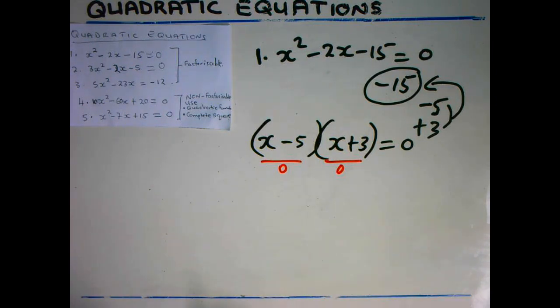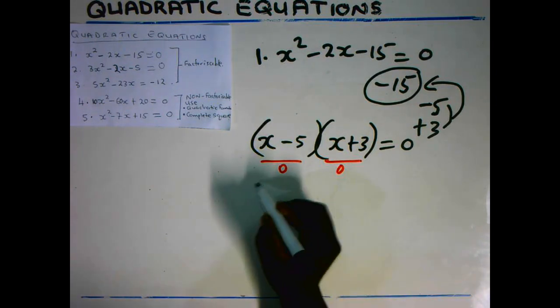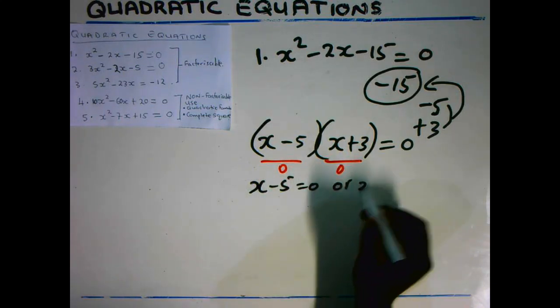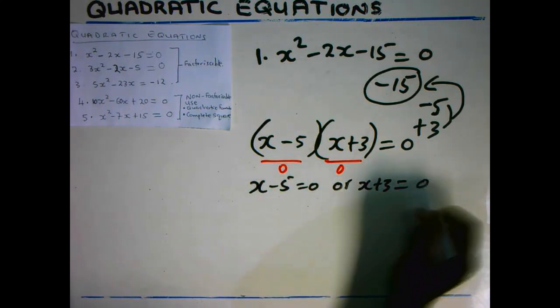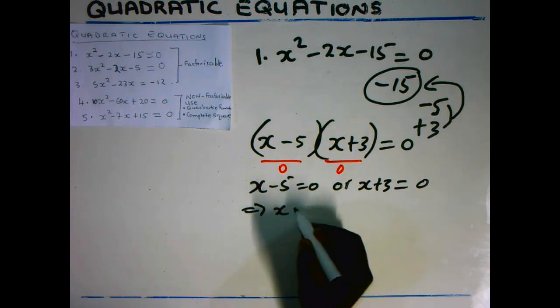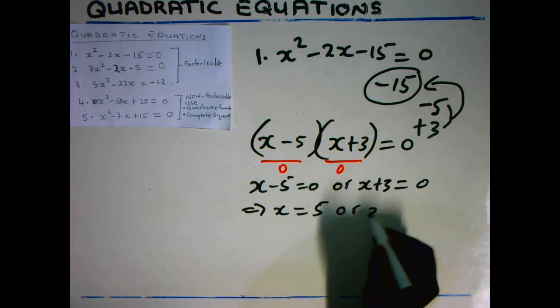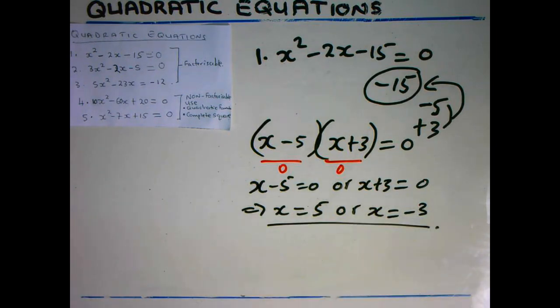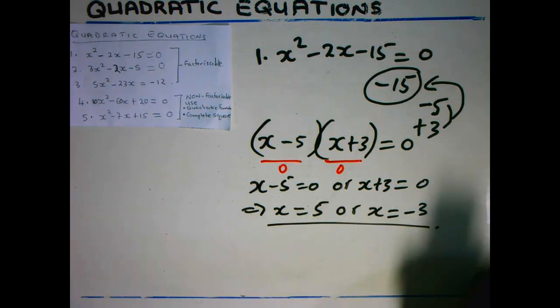That is the fact that we are going to use now. So x minus 5 is equal to 0 or x plus 3 is equal to 0. This will mean that x is equal to 5 or x is equal to minus 3 as our solution, or the zeros to the quadratic equation.